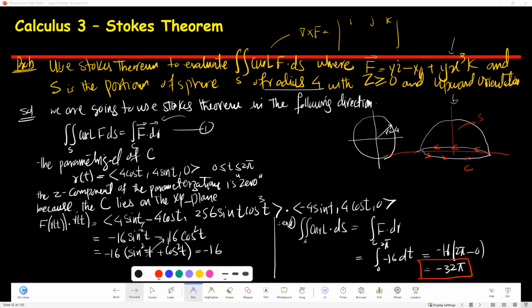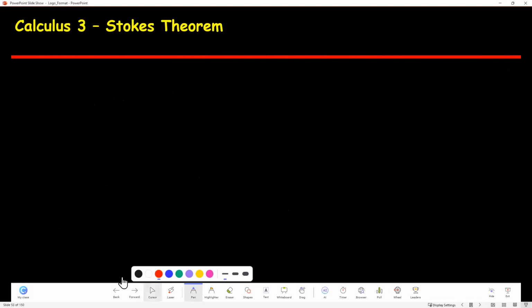Okay, now let's do a problem where I'm going to use a little bit different approach to solving it. Let's see, let C be the orientation of a triangle.